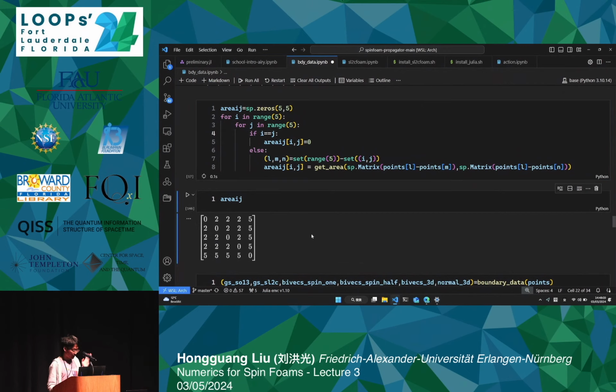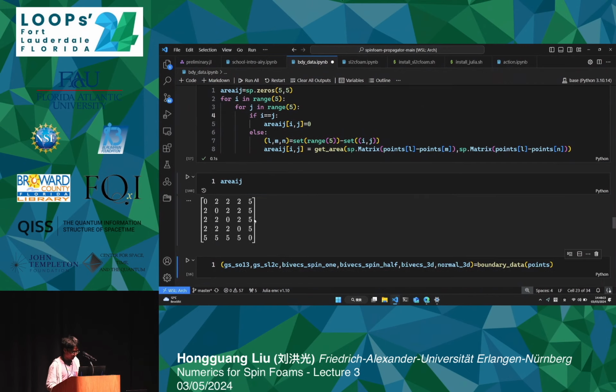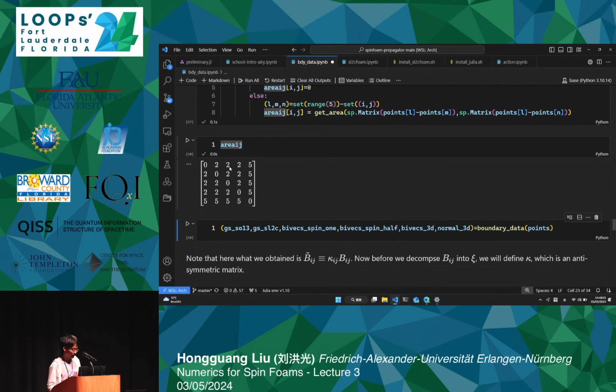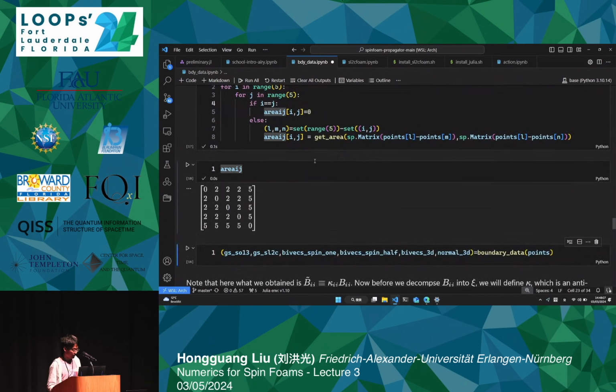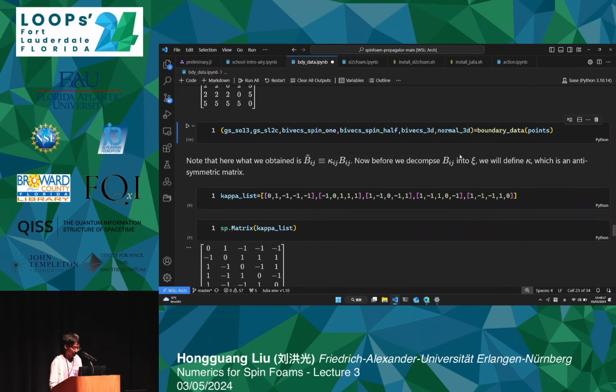Of course, this calculation of the area is trivial. This is the area matrix of our tetrahedron. Each row tells you which tetrahedron you are, and each column is which triangle you are, so this is like the dual. And then we can calculate all the boundary data from it.